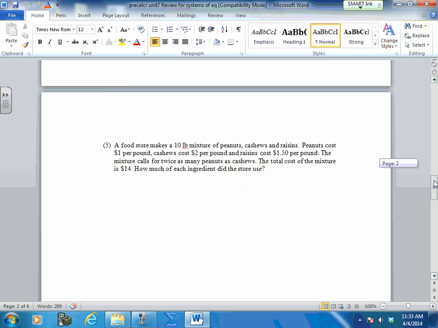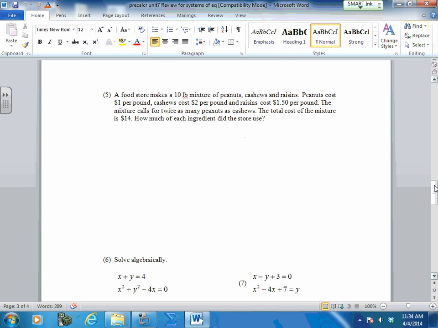And your last one is one of your mixture problems. We notice when we read these that we have a 10-pound bag, 10 pounds altogether, of peanuts, cashews, and raisins. So we're going to let X, and we need to know how much of each.